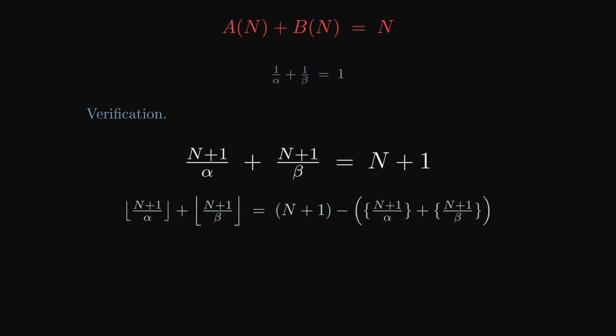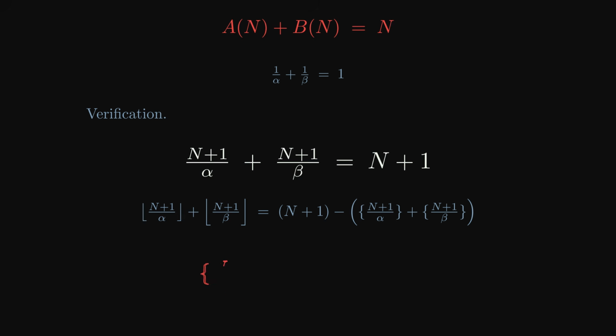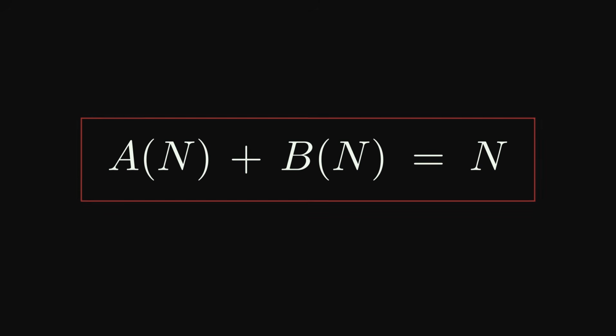Since alpha and beta are irrational, the fractional parts are non-zero, and their sum works out to exactly 1. So the two floors sum to n plus 1 minus 1, which is n. That's the proof, a counting argument, and the magic of 1 over alpha plus 1 over beta equals 1.